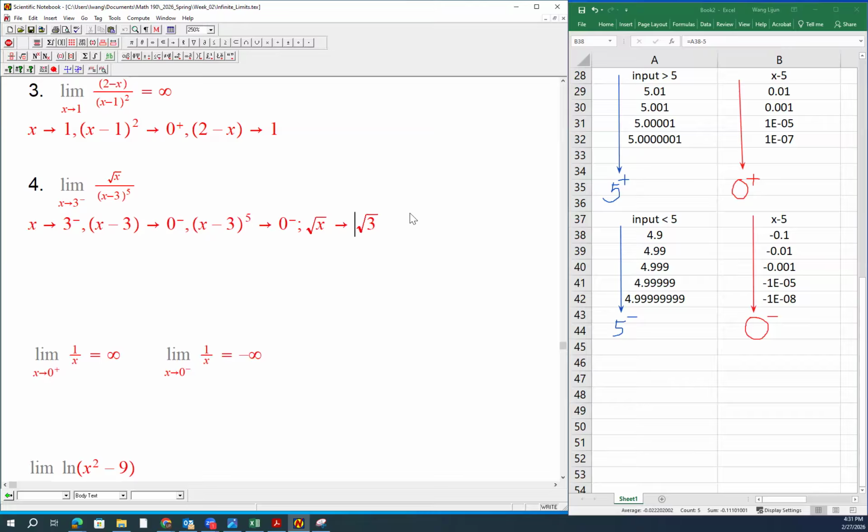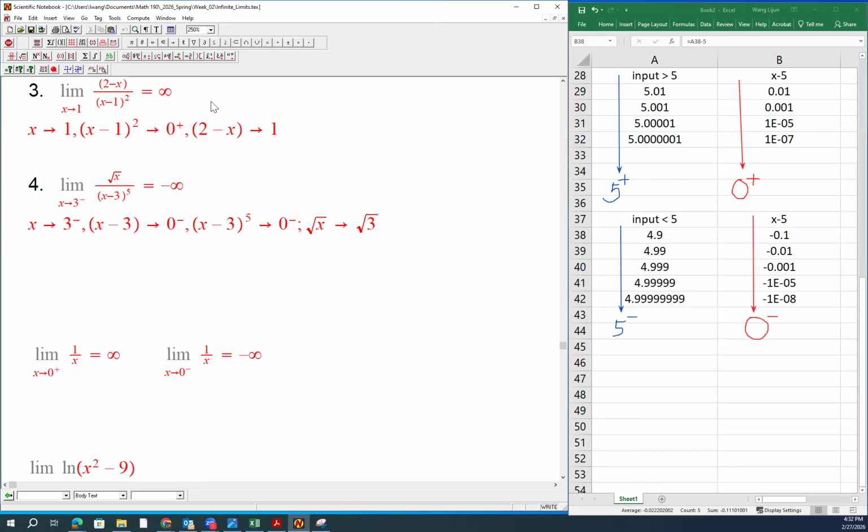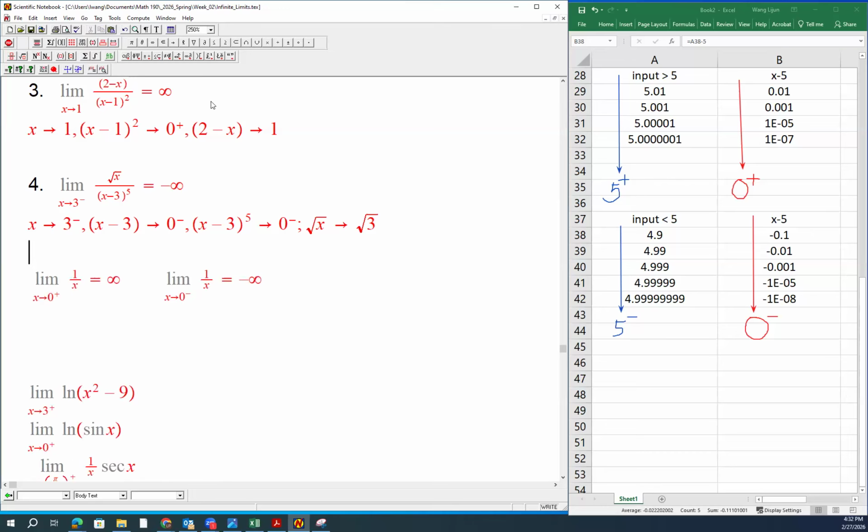It's still a finite number. So in this case, this model would be applicable. Therefore, this limit would be negative infinity. You can see these two models are very, very useful.